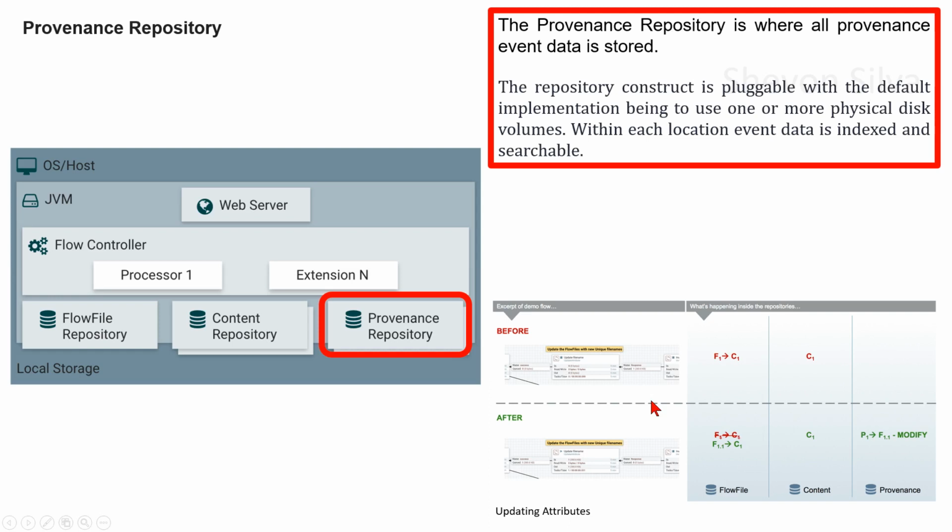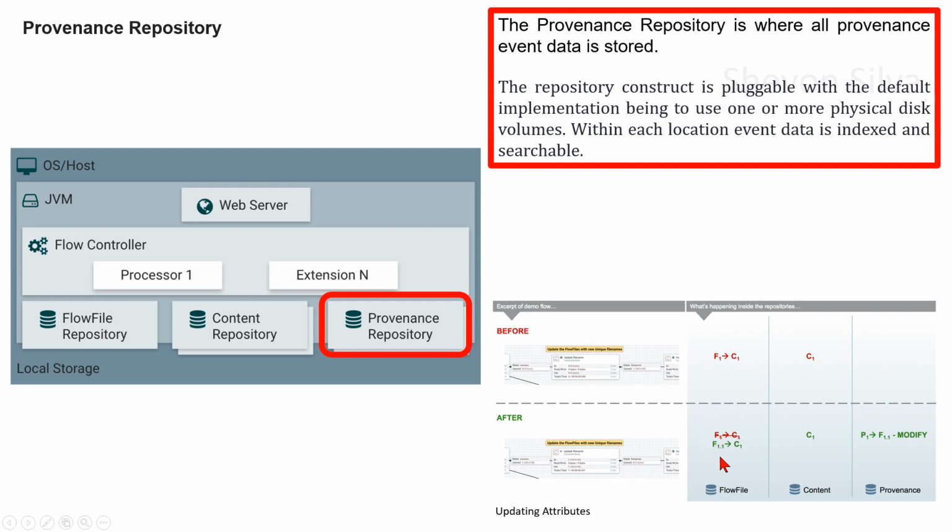One such example here is the UpdateAttribute processor. All the UpdateAttribute processor does is change the incoming flow file's attributes. Taking a look at the diagram, before the processor there is the flow file F1 that has attributes and a pointer to the content C1.